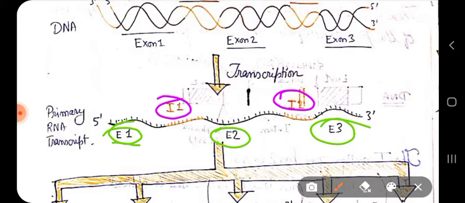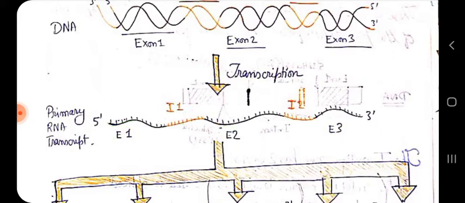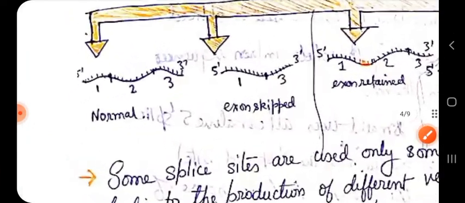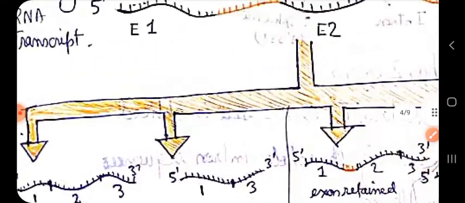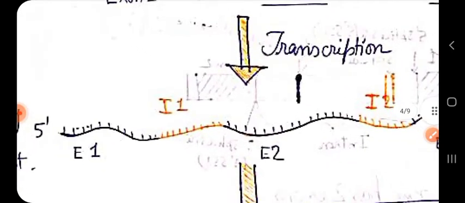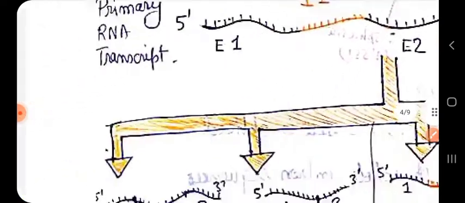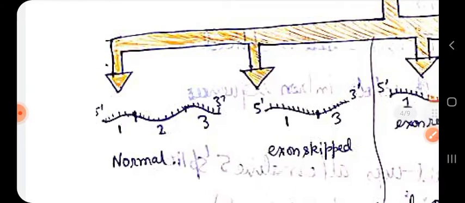Now, what are the alternative ways of splicing? Let us see. First, it is saying normal. That means exon 1, exon 2, exon 3 are fully present. This is the normal way of splicing that we have seen in our previous classes.